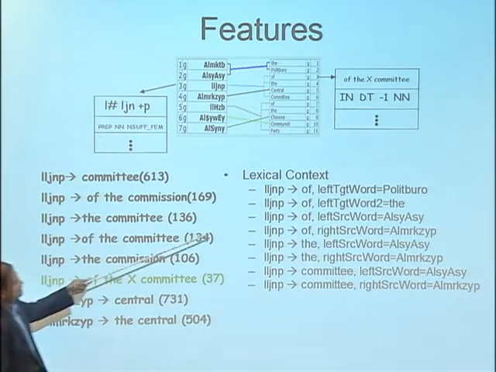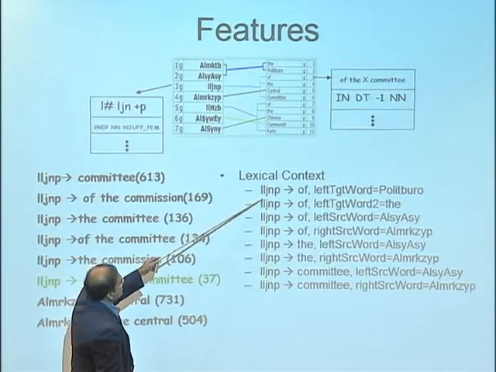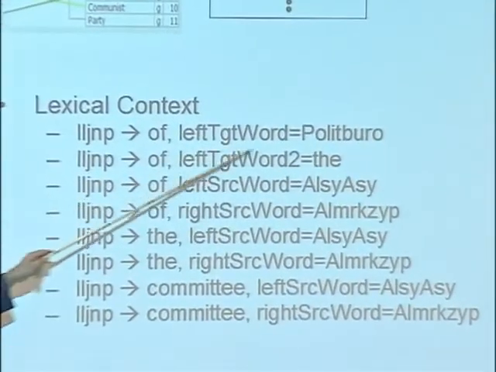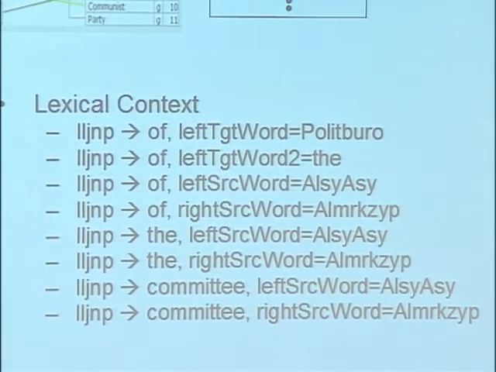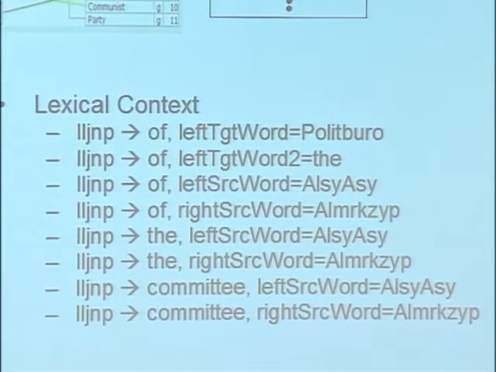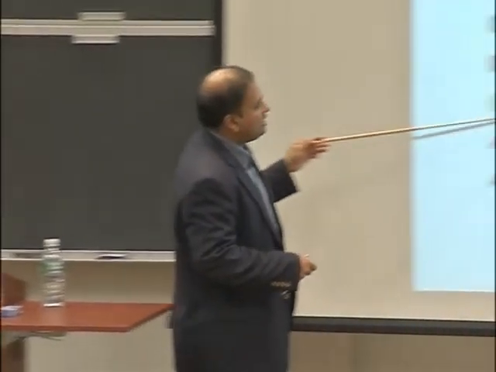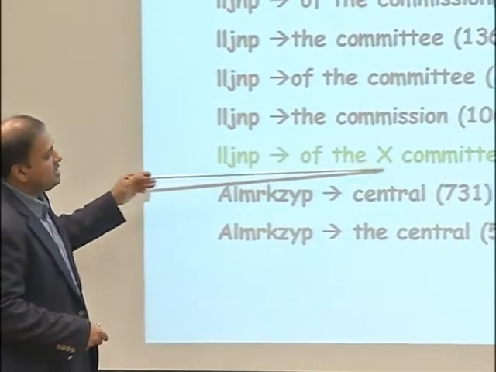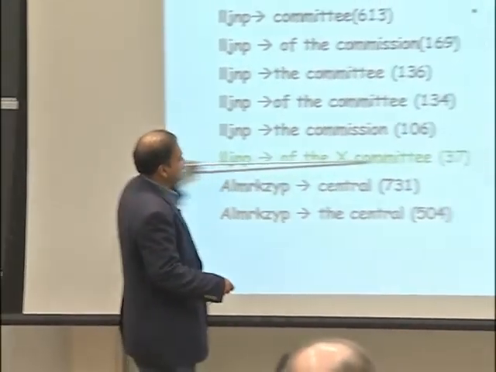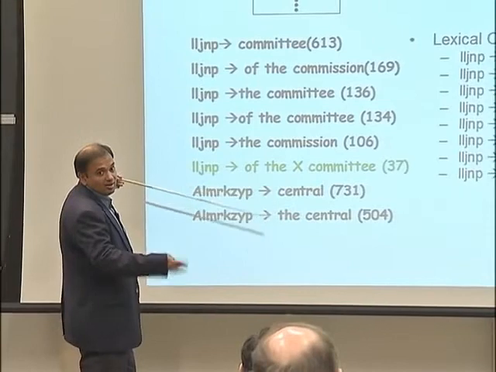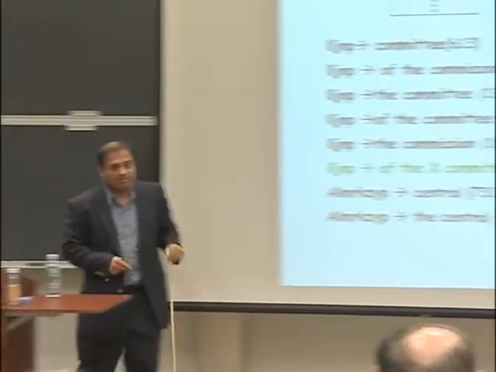So you can ask lexical questions about the context. LLJNP is producing of when the left target word is Politburo in this sentence, right? And a lot of them, right? But typical phrase decoders, when they do translation, they're using a long block, that's true, but they capture all of that context within the block. But here, when LLJNP is producing this target phrase, it can have lots of features that ask questions about the context, and they all weigh in on this production again.